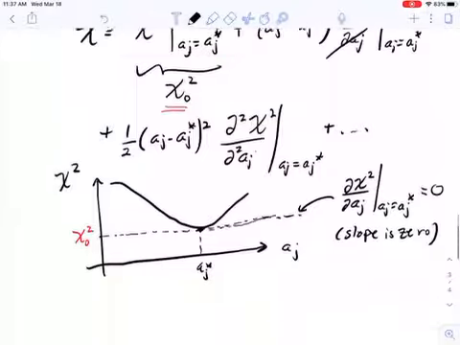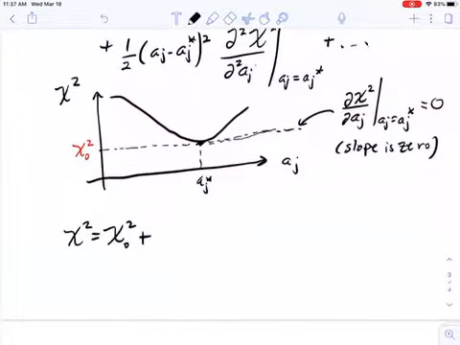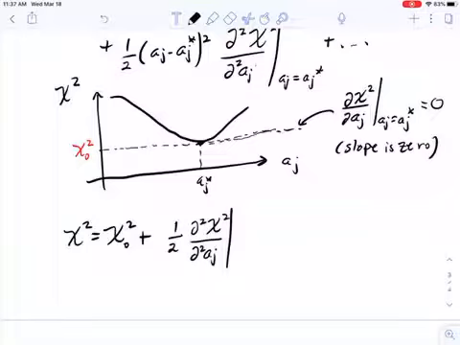So what we have left is chi-squared is chi0 squared plus, I'm going to write it as 1/2 times the second derivative of chi-squared evaluated at the minimum point. Okay, and I'm going to put this all separated out.